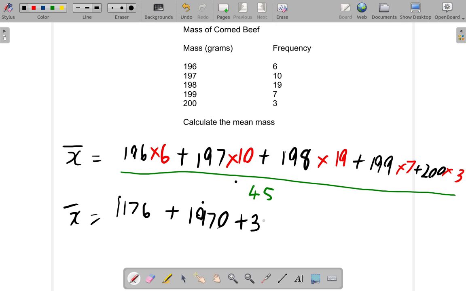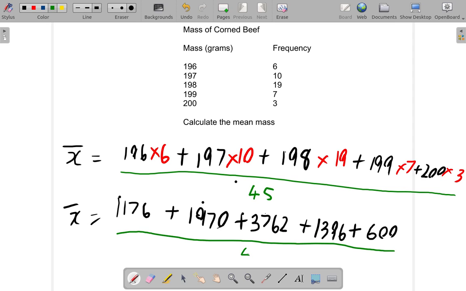Plus 199 multiplied by 7 gives you 1393. Plus, and then 200 by 3 is 600. All of this will be divided by 45.